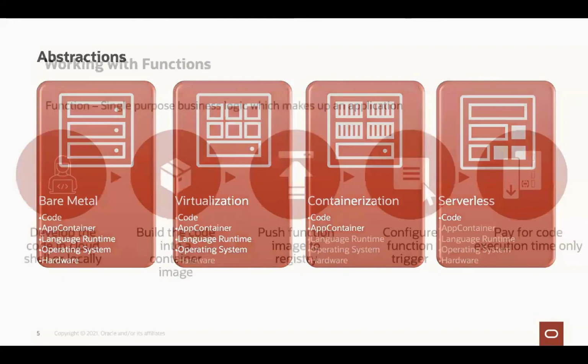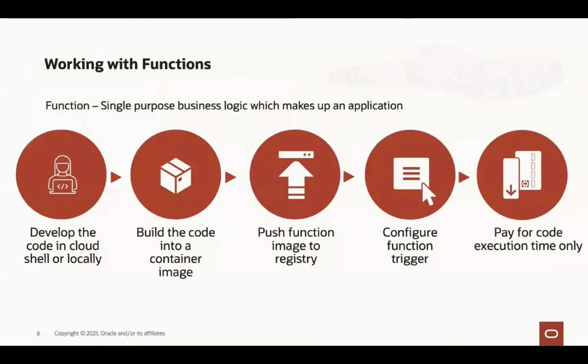So I think a good place to start is defining the basic piece of serverless computing, and that's a function. And then within the context of a function, what does a simple workflow in serverless computing look like? So functions at their simplest definition are single-purpose pieces of business logic which make up an application.